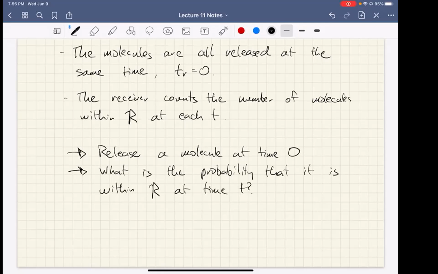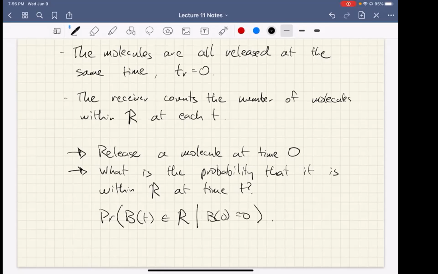We know what this is. That's basically asking, what's the probability that the Brownian motion at time t is in R, given that the release, B of 0, is 0.